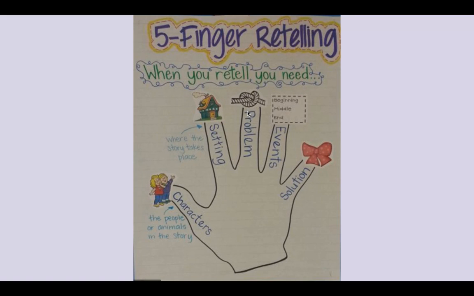Did one of the main characters come into a problem? Maybe they had a hard time with something. What the events were in the story, what happens in the beginning, the middle, and the end, and then finally the solution. How did this character solve the problem that they came into? How did they fix it?